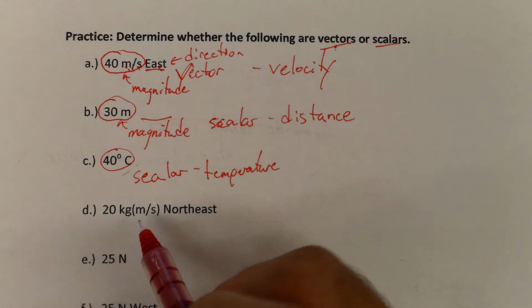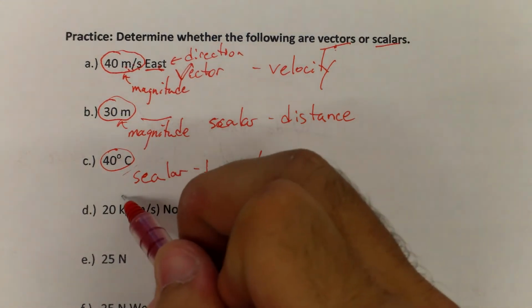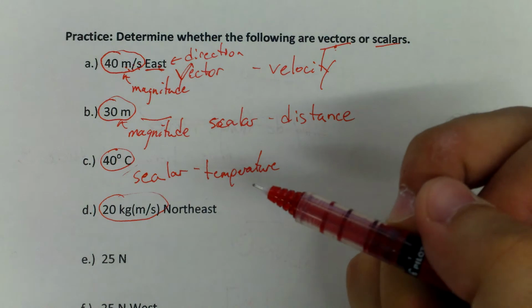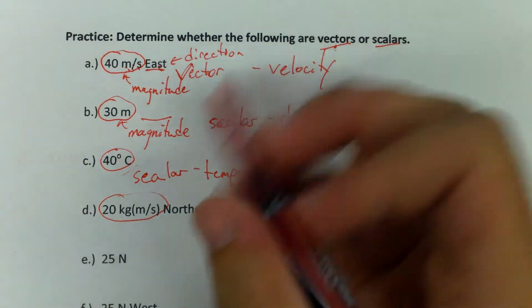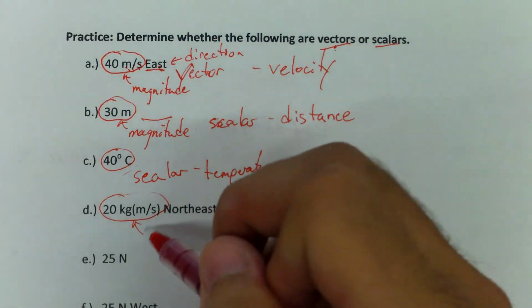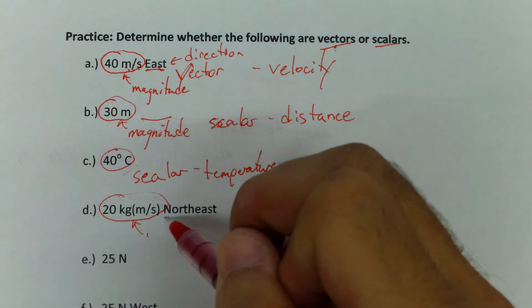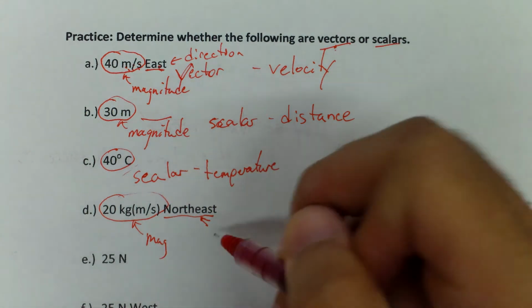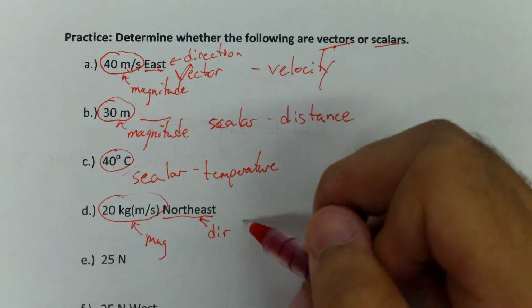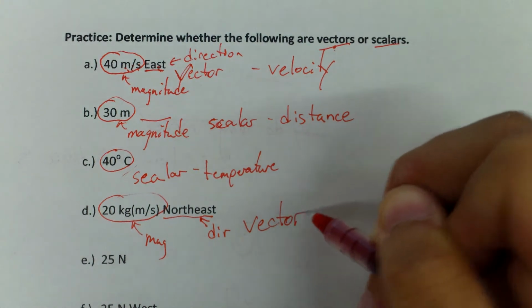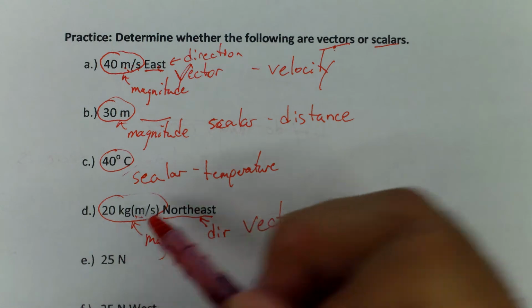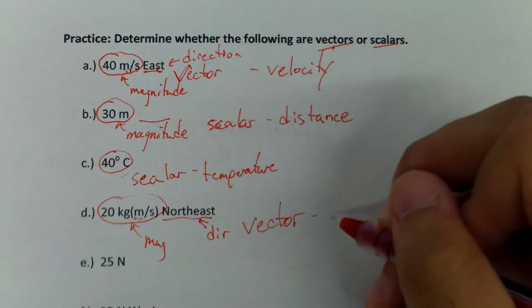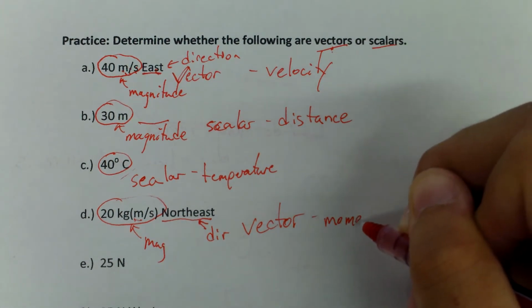D, 20 kilogram meters per second. 20 kilogram meters per second is a scalar value. This is the magnitude, excuse me, not scalar. This is a vector. Northeast shows us direction. Magnitude and direction. This is a vector quantity. Kilogram meters per second was our unit for momentum.